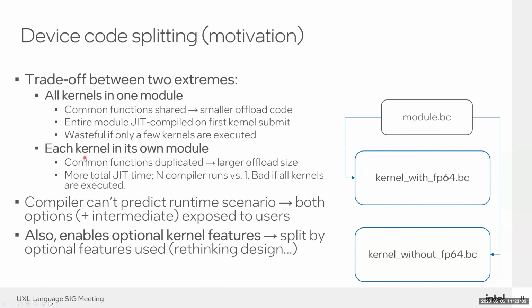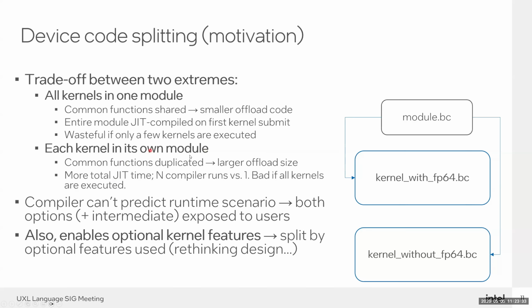We can also put each kernel in its own module. The con is that common functions used from multiple kernels are duplicated, so in the end, you're getting larger binary size. Also, it causes more total just-in-time compilation time because of this duplication.